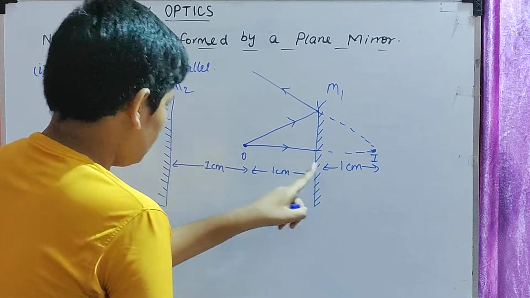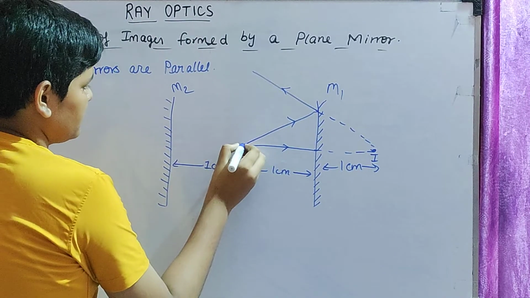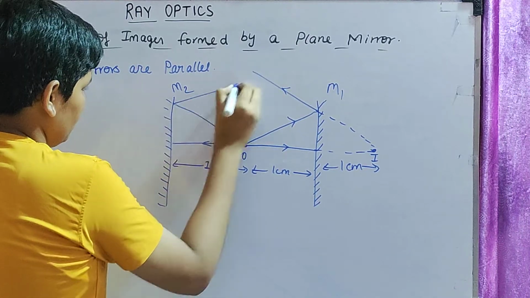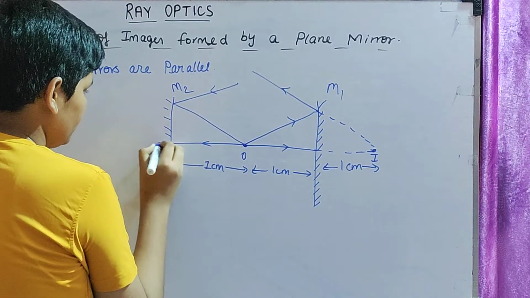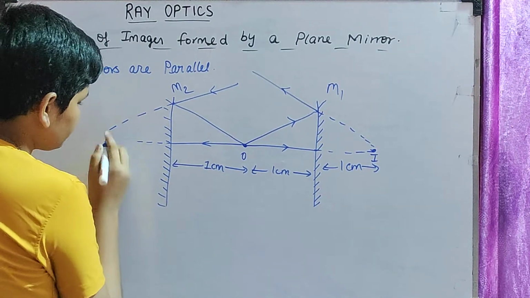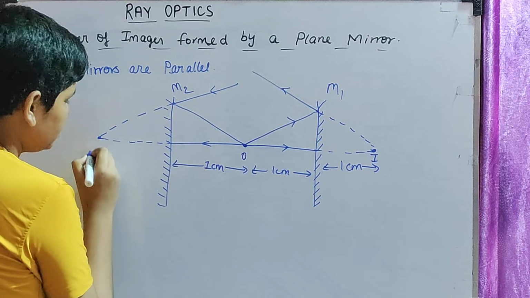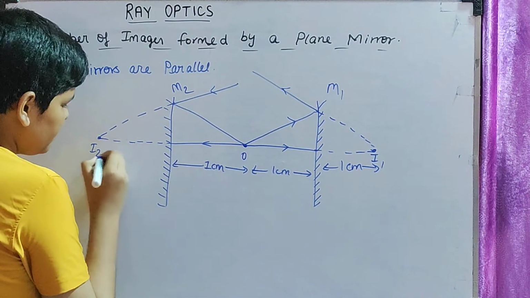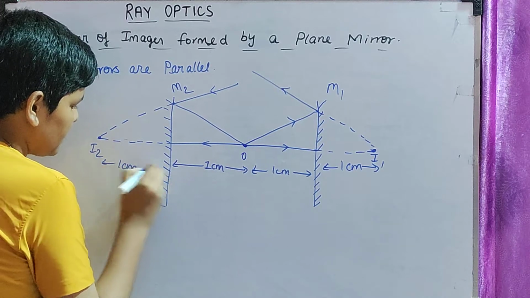Now the same thing we have to do this side also, like this. So here the image is formed like this. Here is the image I2. Here we can take I1, I2. Same distance over here also, it is 1 centimeter.